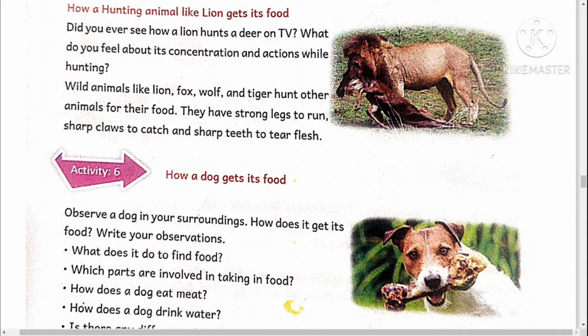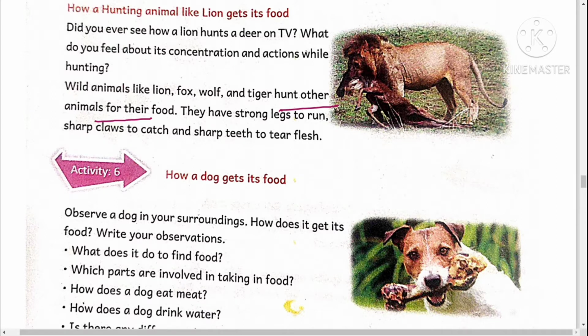So wild animals like lion, fox, and tiger hunt other animals for their food. They have strong legs to run, sharp claws to catch and sharp teeth to tear the flesh. Okay, children? So they have sharp teeth, sharp claws, and long, strong legs to run.